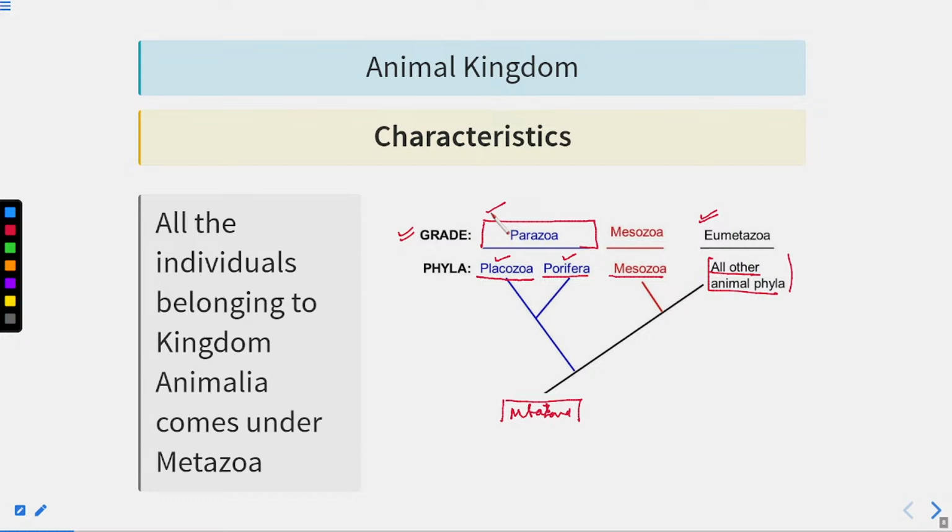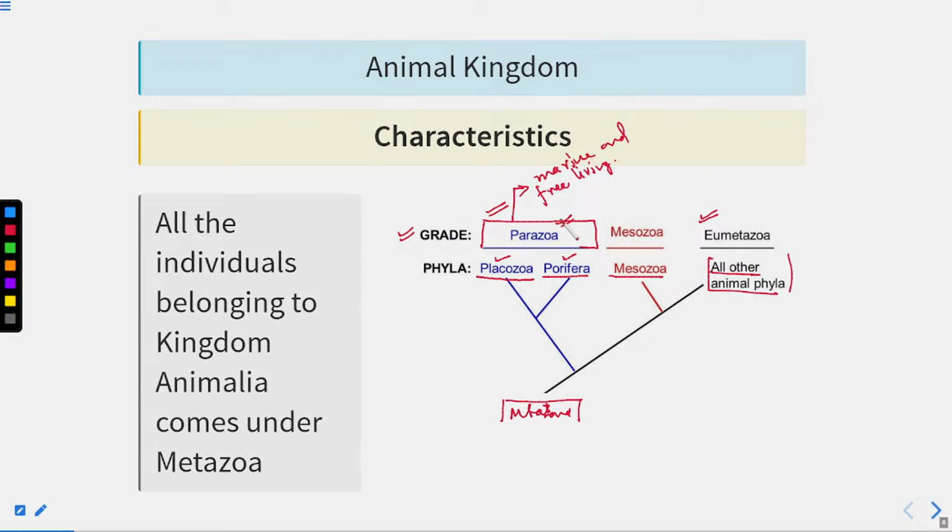What are Parazoa? Parazoa are generally marine and free living organisms. They are simple blob-like animals without any body part or organ, merely aggregates of cells.